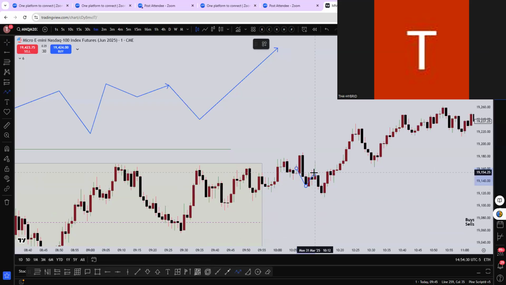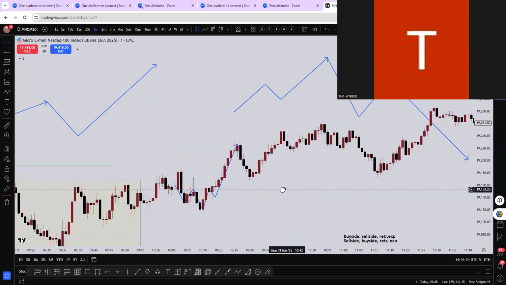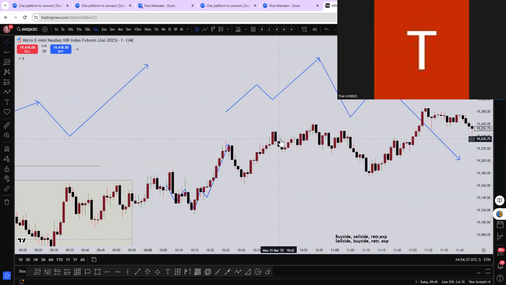So right off the bat, we see this. This stuff continues here. So we've got an accumulation, OLR, market structure shift, retracement, expansion. The order of delivery is happening everywhere.